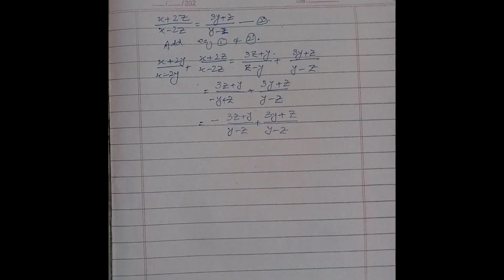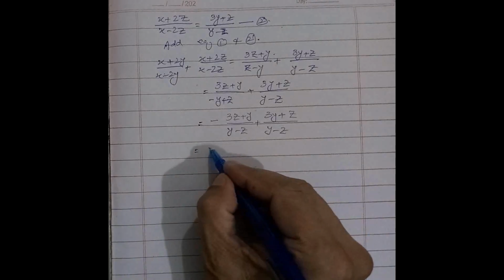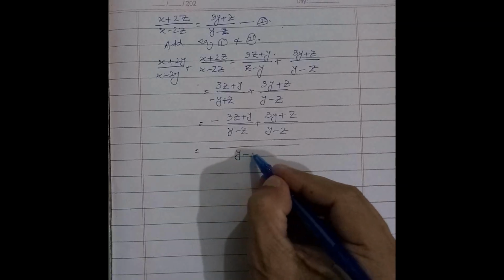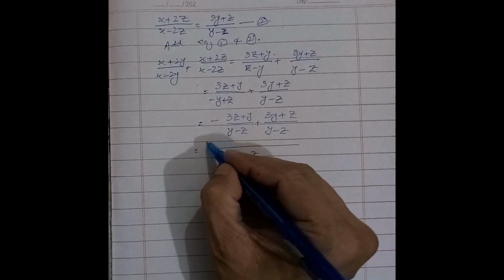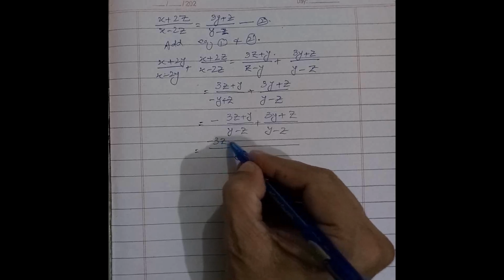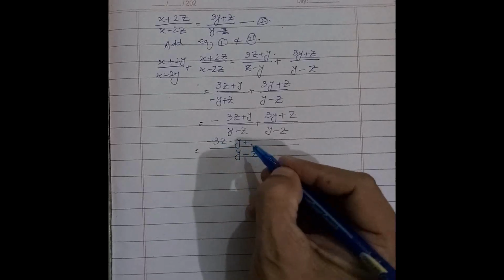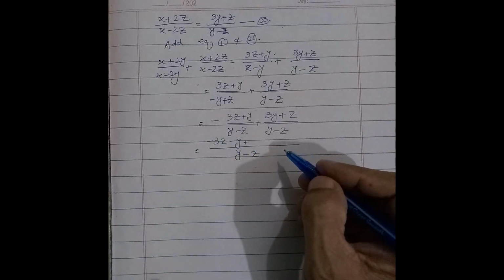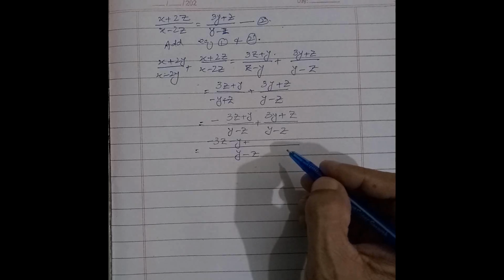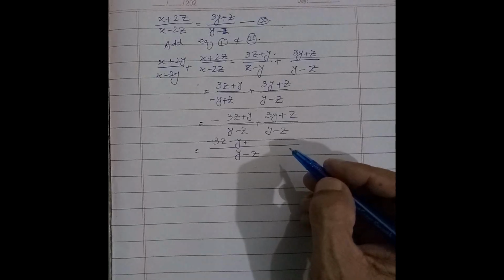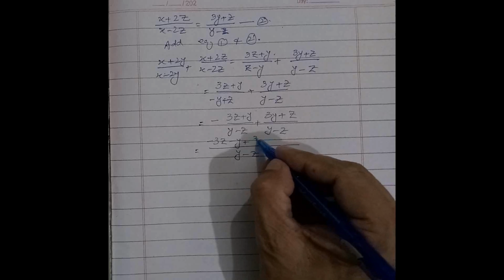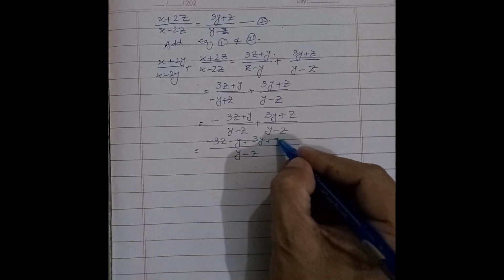In both the fractions the denominators are the same, so we simplify the numerators. We get minus 3z minus y plus 3y plus z.